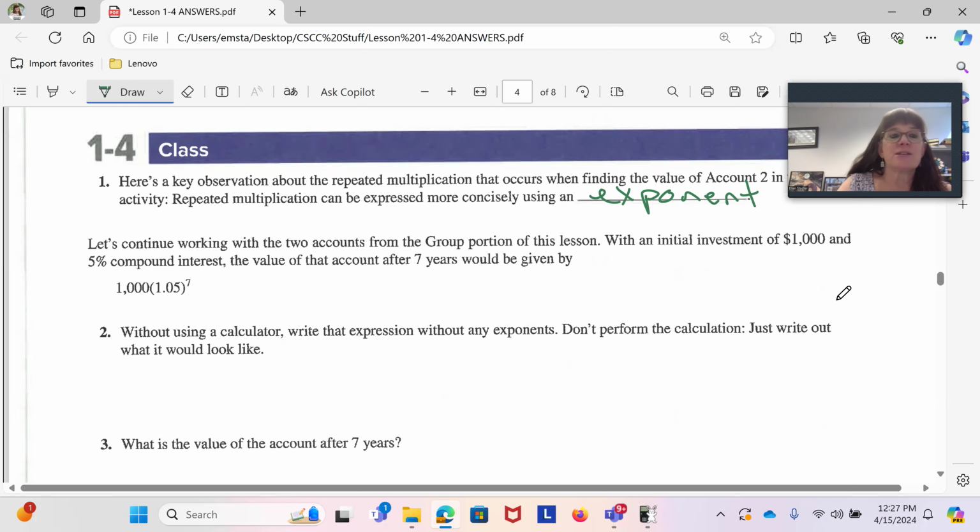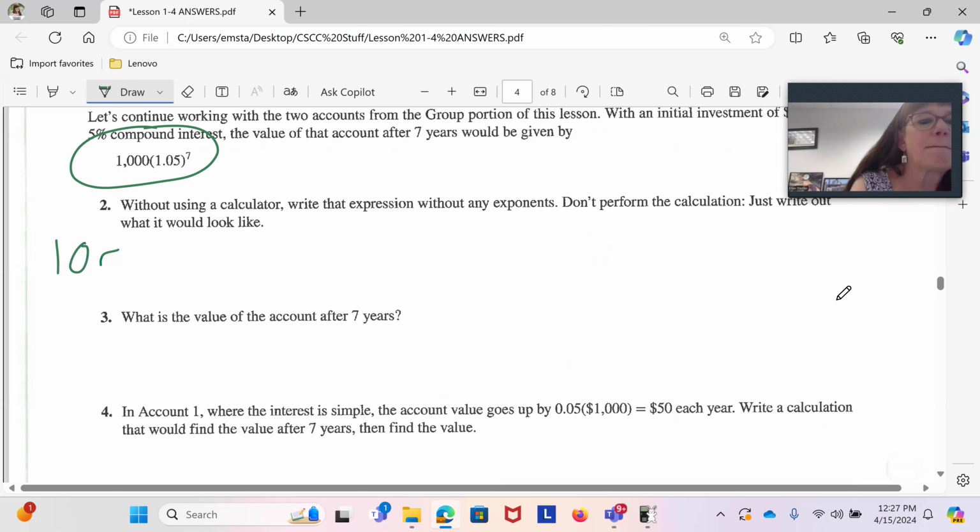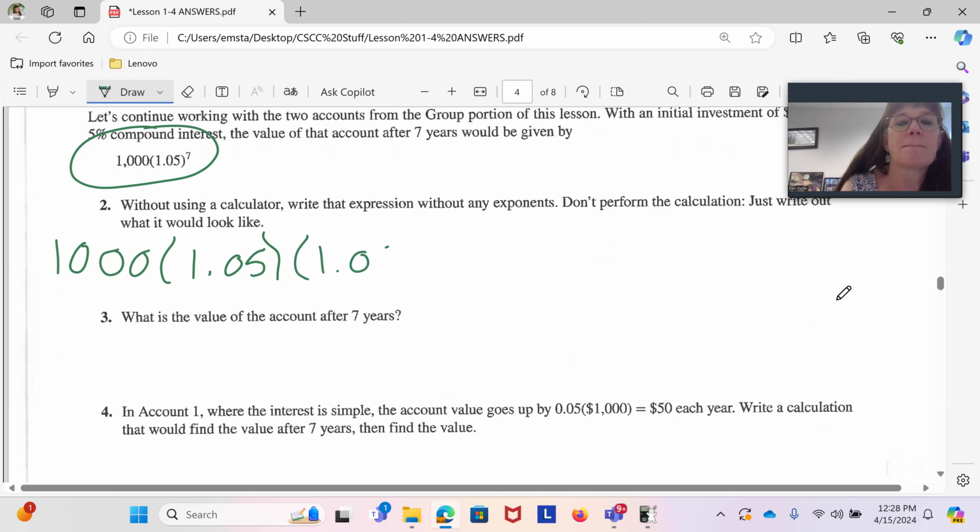So we're going to start with $1,000, and we're going to multiply it by 1.05, and we're going to repeat that 1.05. How many times do you think I need to repeat it? Should be 7, because that's the number of years we have. So I'm going to write that 1.05 7 times.